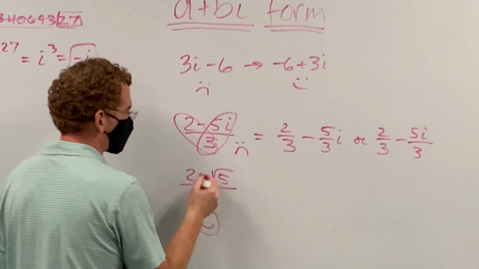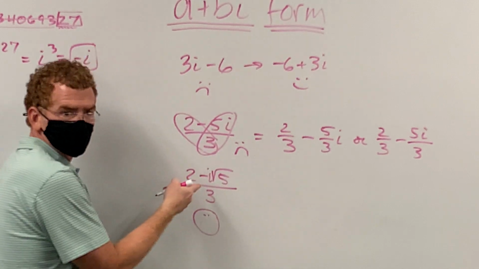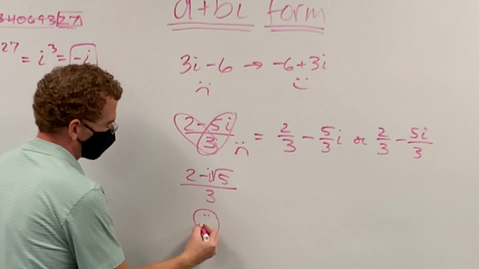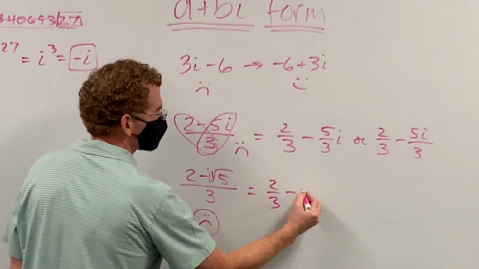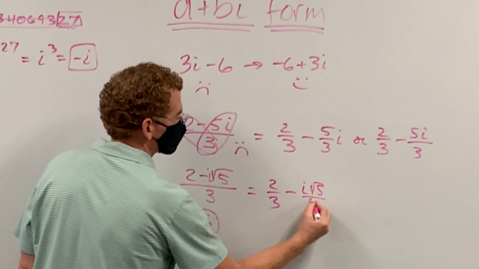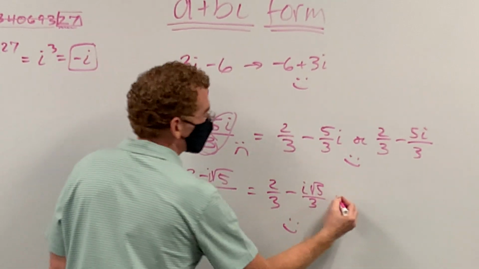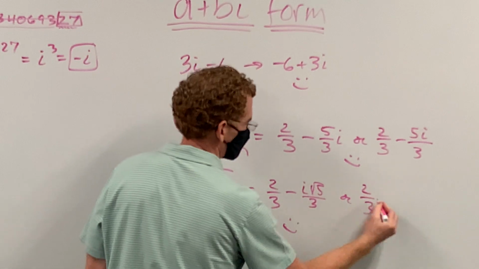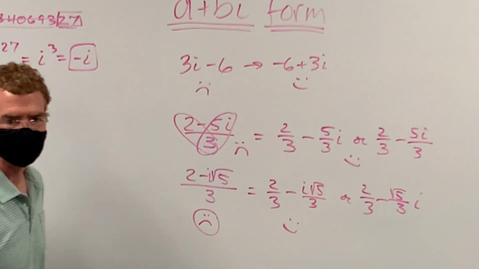What if it was 2 minus i root 5 with an i in there? No. Right? But 2/3 minus i root 5 over 3, just like that, that's okay. Or if you want, root 5 over 3, swing the i out to the side.